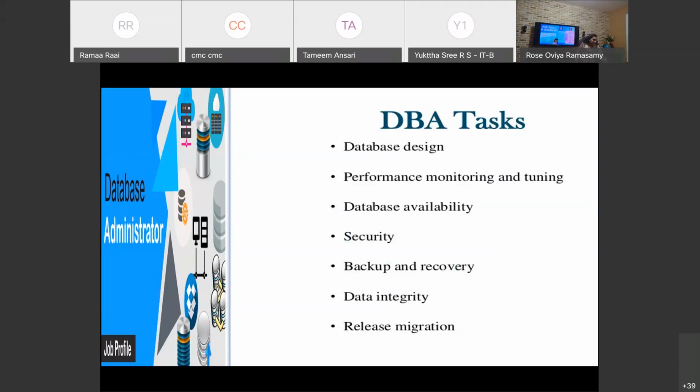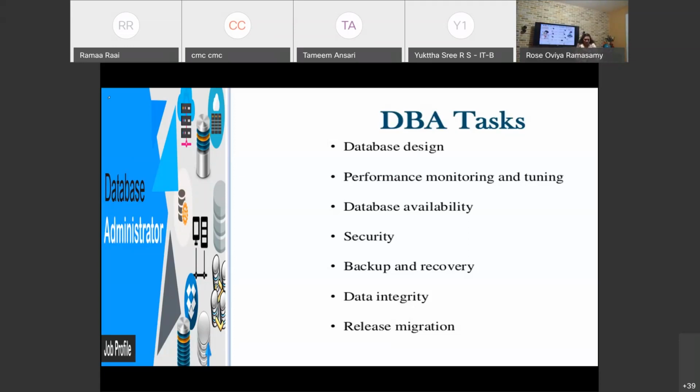DBAs, database administration. Okay, what they do is they are able to diagnose and solve complex IT issues related to data infrastructure, and they ensure that the organization's data is easily accessible and navigable and safe to some extent.